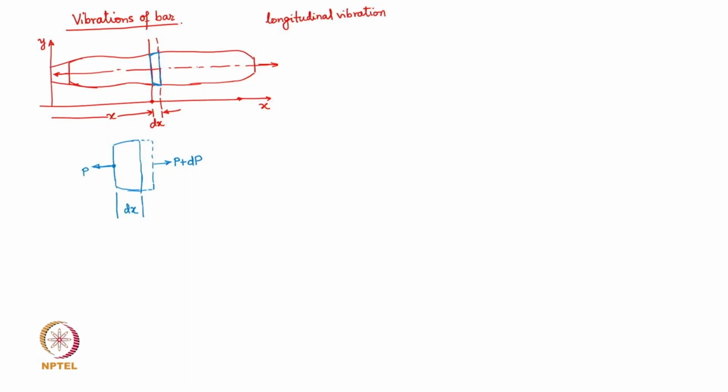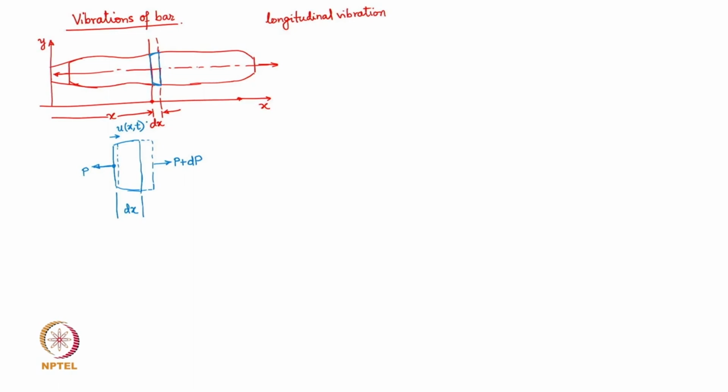Okay, now we define the motion given by u(x,t). Okay, so that is a vibratory motion at each cross section given by u(x,t) along the length of the bar as a function of the position x and as a function of time t.